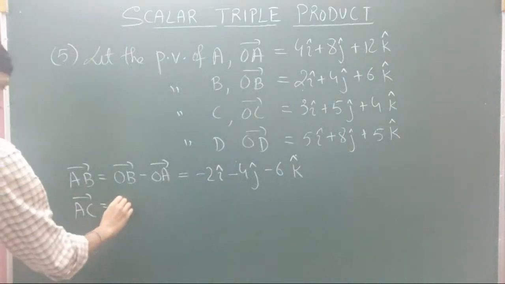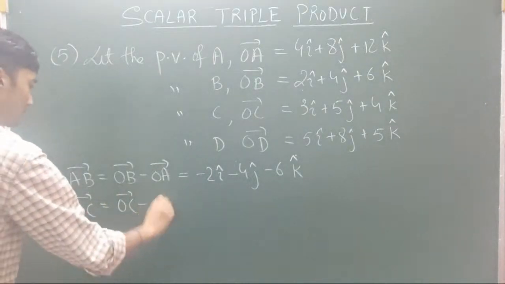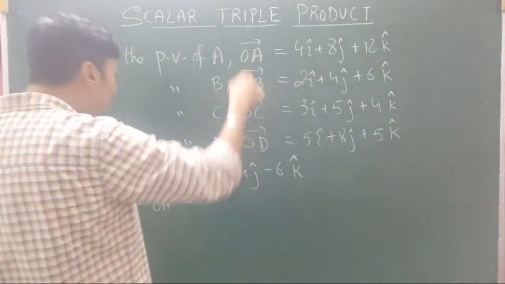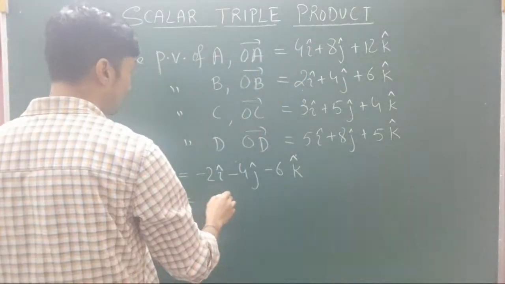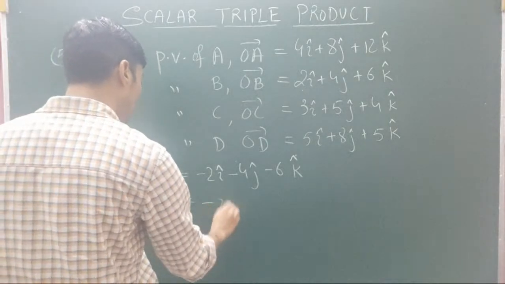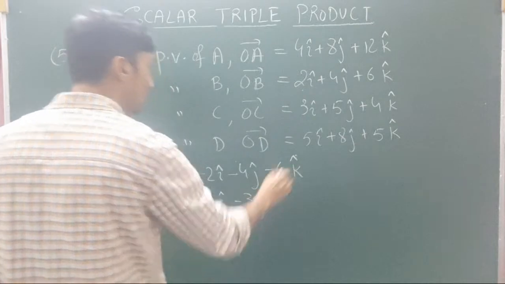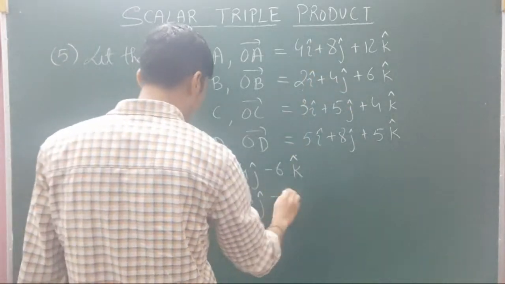AC vector is OC minus OA. So C minus A. 3 minus 4, minus 1. 5 minus 8, minus 3. 4 minus 12, minus 8.